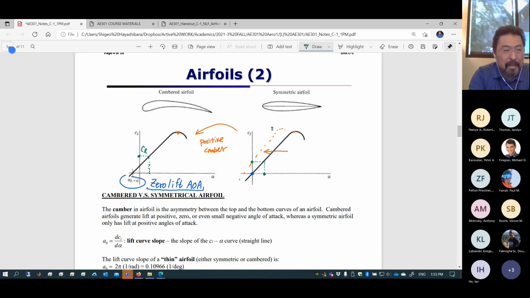But the whole thing is only shifted, so typically the maximum lift coefficient, CL max, is not really changed. So you have to be very careful about that. This is called positive camber.